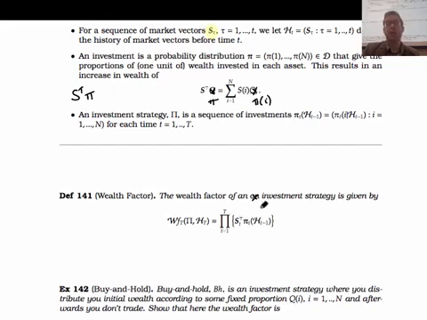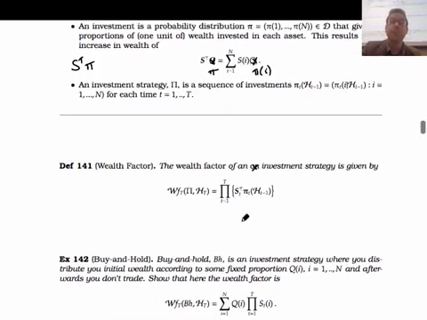So I look at the amount I multiply my wealth by from time t to t plus 1, and then I do that for each time, and I get the total multiplication of my wealth.